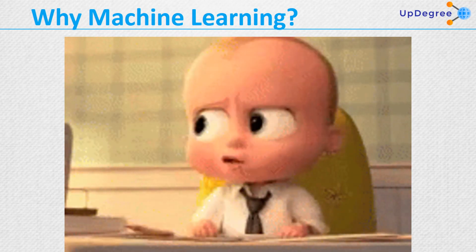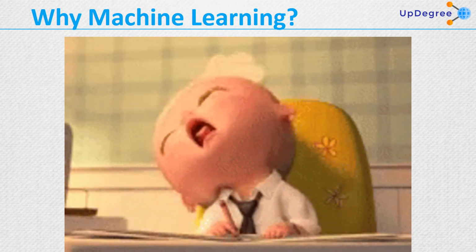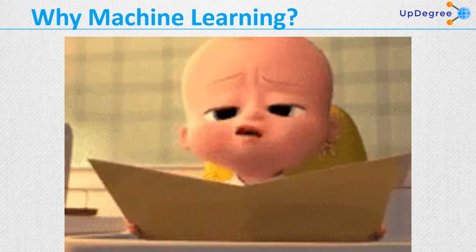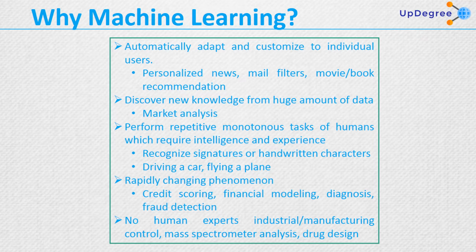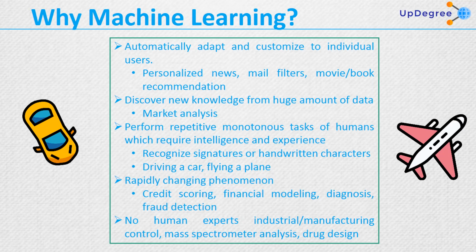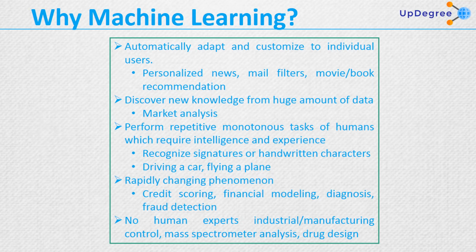But if the task is monotonous, even if it requires lots of intelligence and experience, in those cases we can use a machine learning model to replace human beings. As an example, recognizing signatures or handwritten characters, driving a car, flying a plane, or landing a plane on the runway. In those cases, we can use machine learning models to work better than human beings.